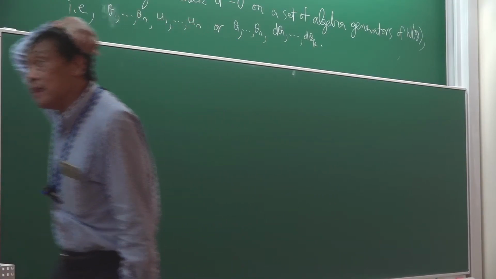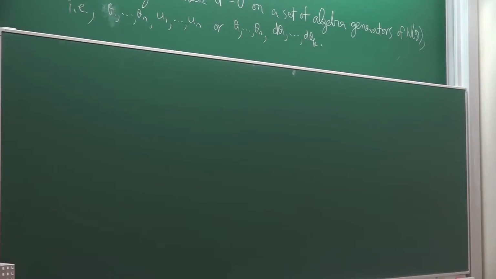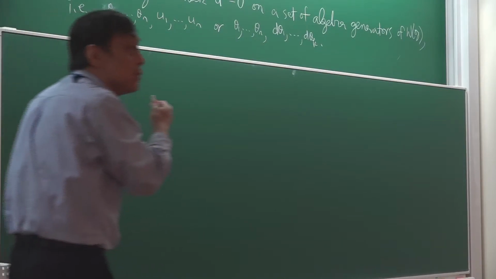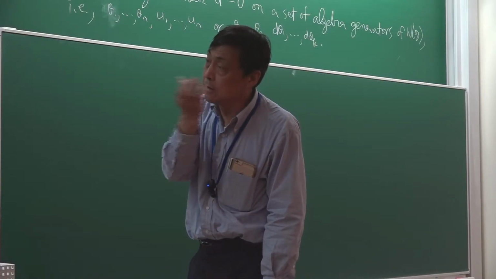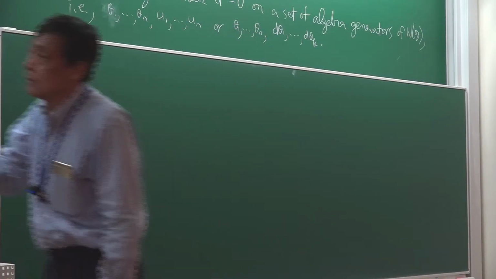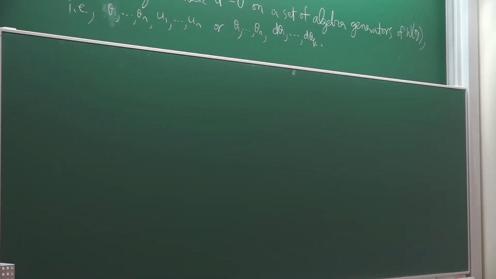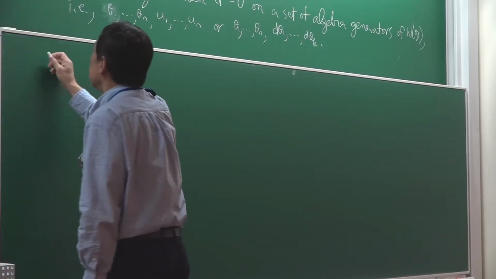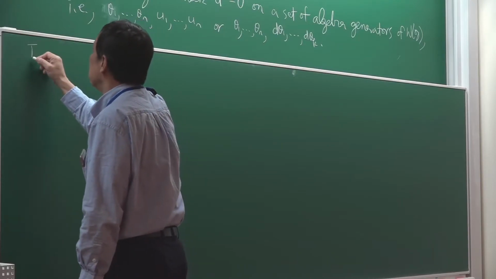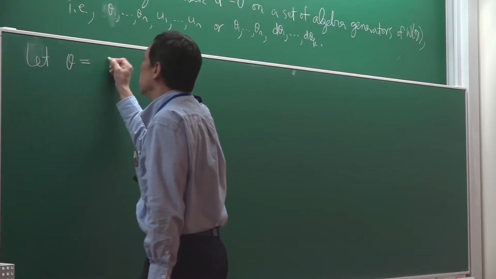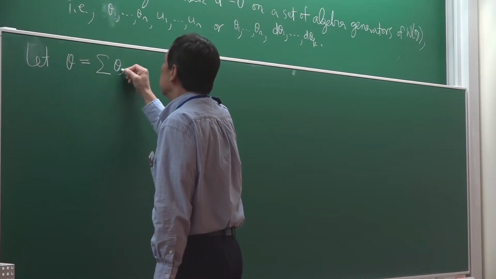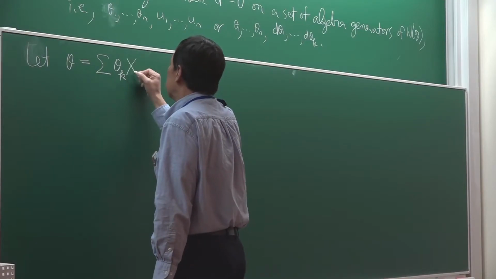Now, if you do it here directly, it's going to be quite messy, right? So let's introduce matrix notation, because we know that this looks simpler in matrix form, right? So we let theta be the sum of theta k xk.